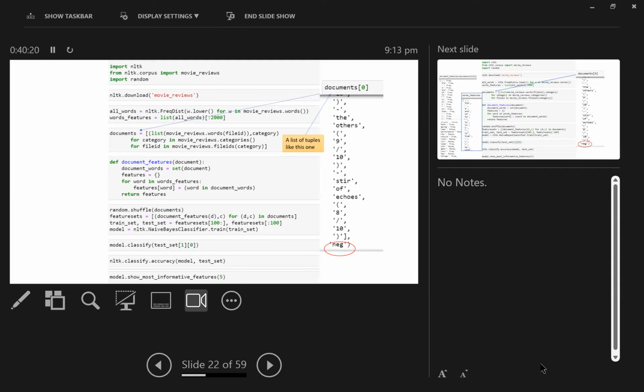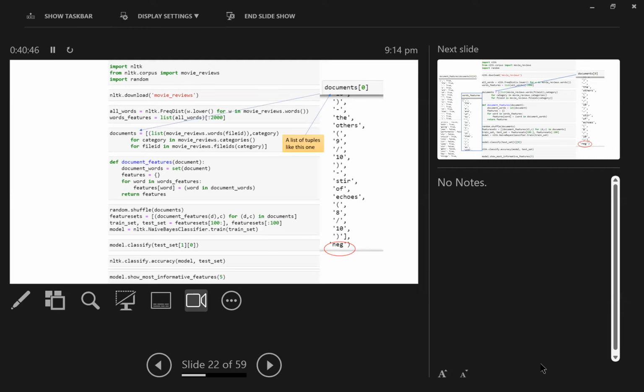So this document will be a list of words appearing in the document together with the label. This comes directly from the organization of the NLTK database, in the category.